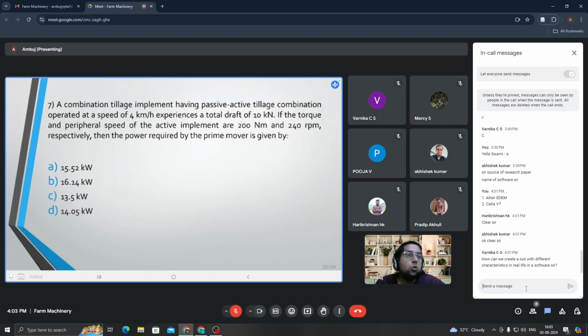The actual tool which is cutting the soil has to be powered. That is the meaning of active tillage implement, while in case of passive tillage implement, it would be draft only which would be acting. So you have to separately calculate the power requirement of the active tillage implement and the power requirement of the passive tillage implement, then sum them.